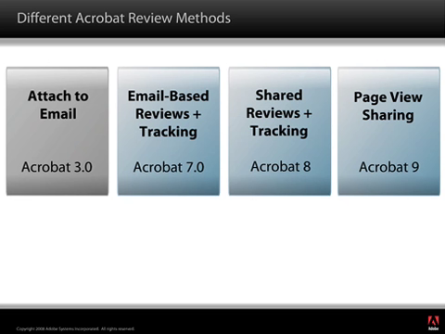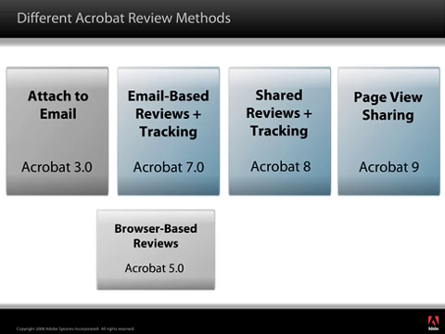Now, there actually are a couple of other methodologies that have been introduced over the years. In Acrobat 5, browser-based reviews were introduced. This was the first version that introduced the concept of comments added to PDF files being stored in a central location for others to then view. But it was tied to the web browser. You had to view the PDF in there, and it required everybody to have Acrobat.